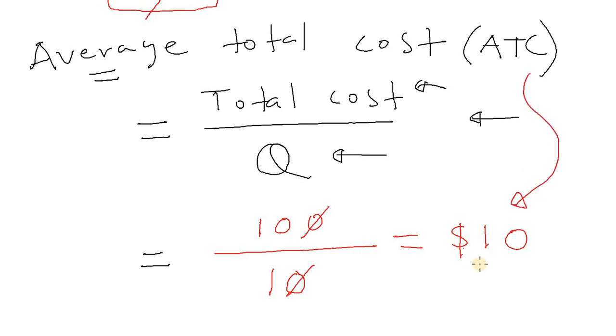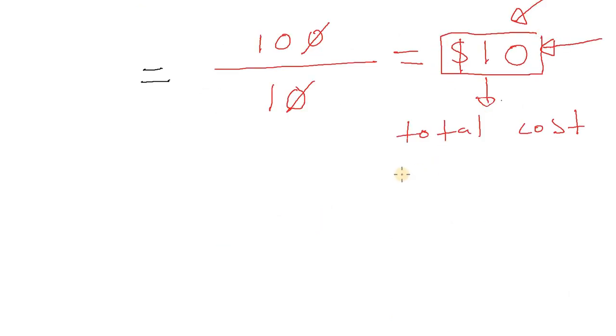What does this mean in reality? This is the average total cost, so this is the total cost per unit. It's very useful, important information. $10 is the total cost per burger, right? To make one burger, on average, you're going to incur $10.